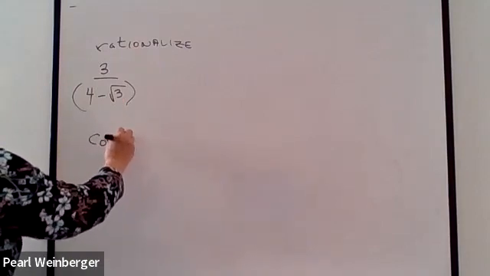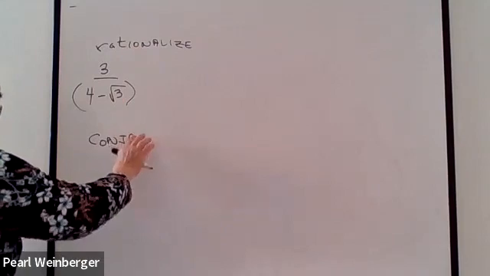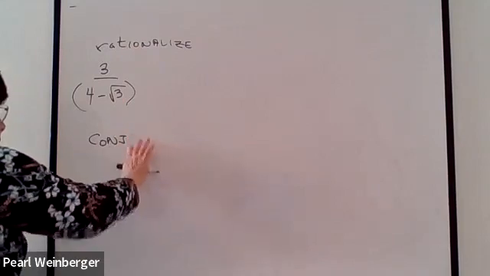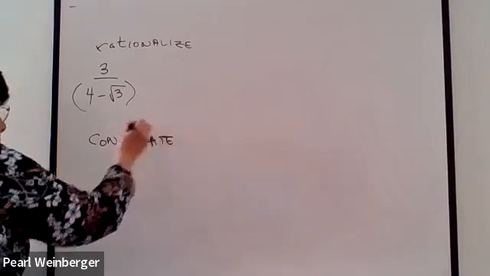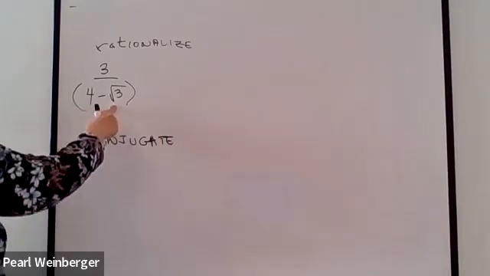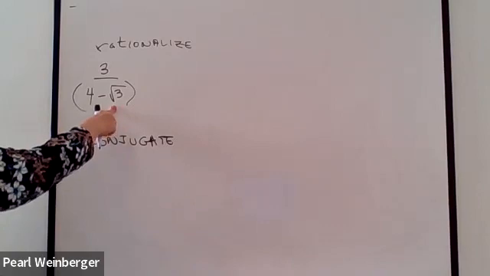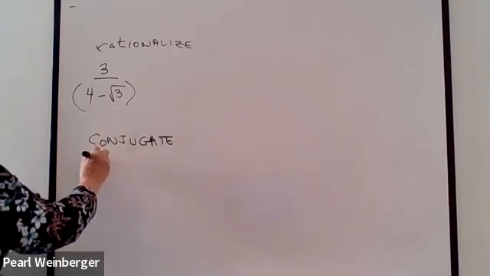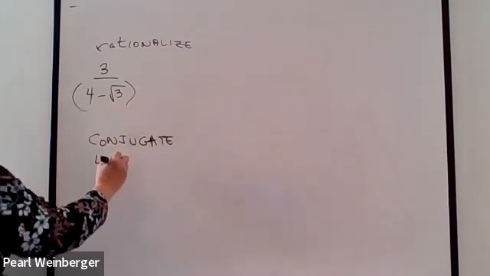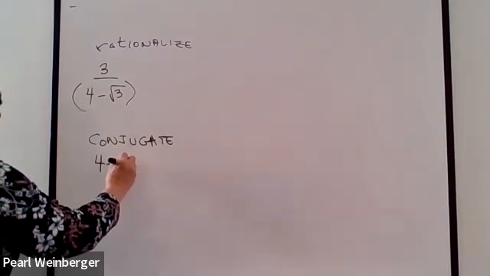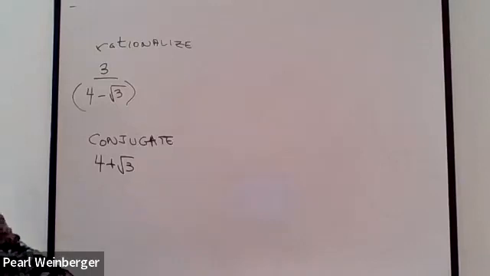Now, what is the conjugate of 4 minus square root of 3? Well, it's the exact same binomial except with the opposite sign. So it would be 4 plus square root of 3.